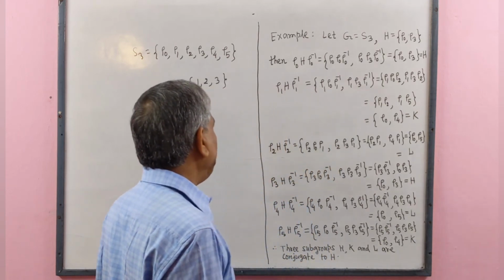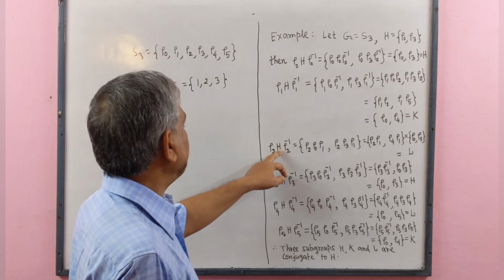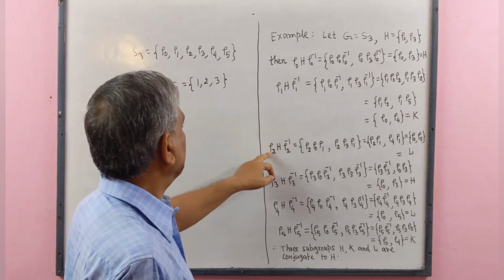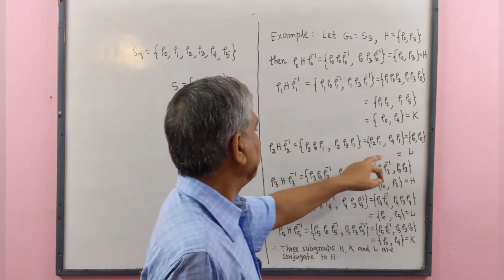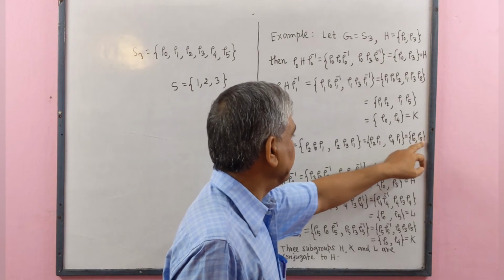Similarly, we may find the conjugate of subgroup H with respect to element ρ2, and we will get a set containing elements ρ0, ρ5.